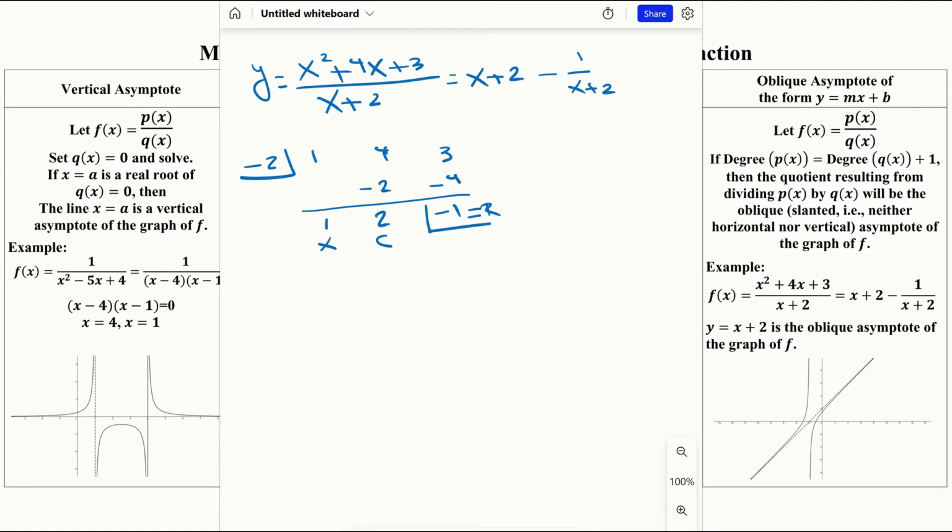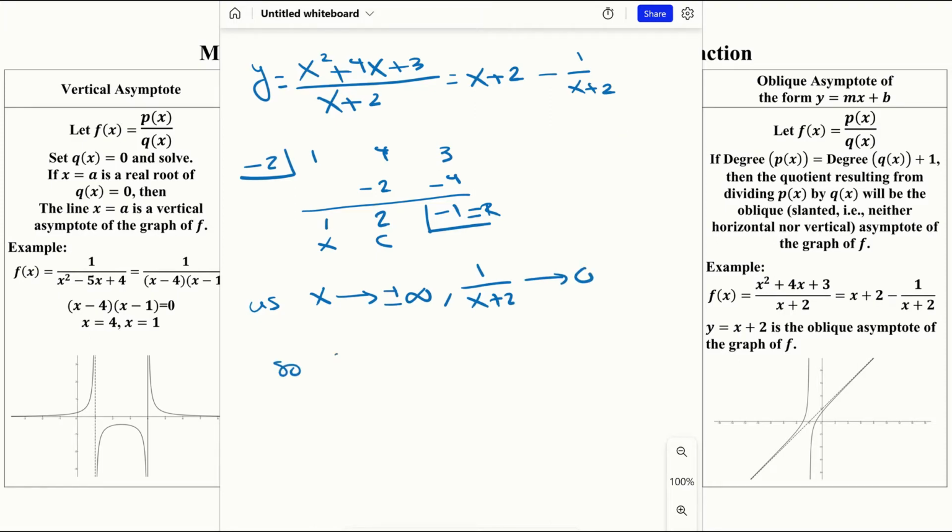So basically, as x approaches either positive or negative infinity, this part is going to become what? Is going to become 0, right? Well, it's going to approach 0, right?